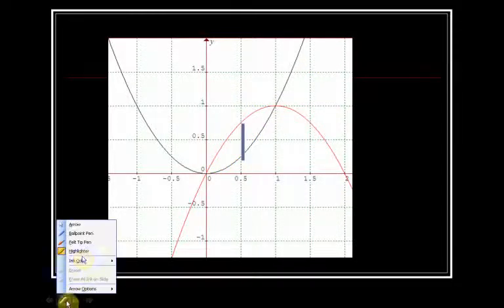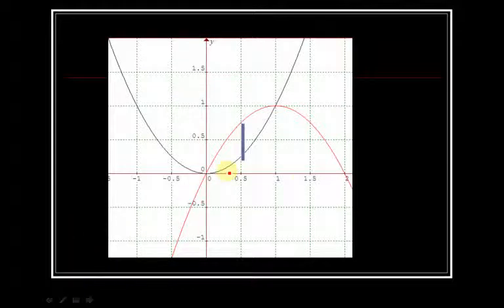So as I look at this particular plot, notice I have a rectangle here. If I can break this into a whole bunch of little rectangles, I know how to find the area of a rectangle. It's just the height times the width.